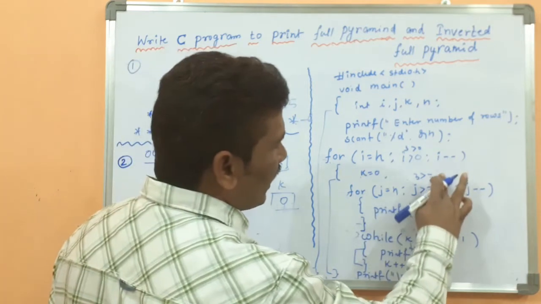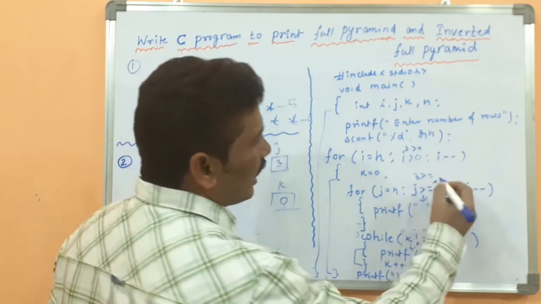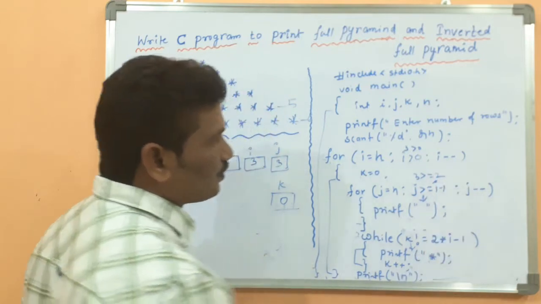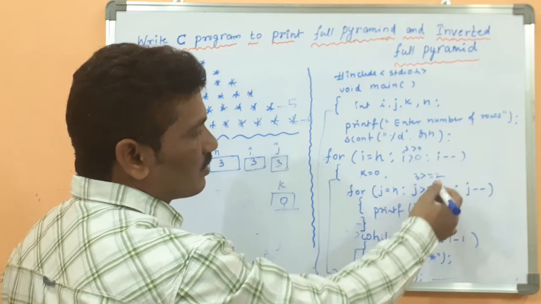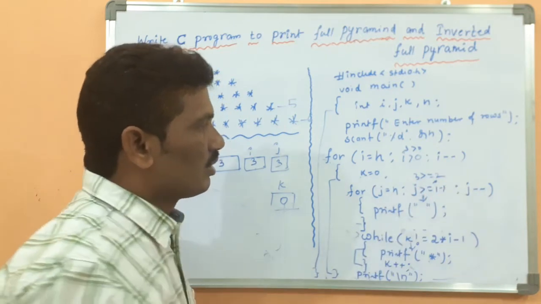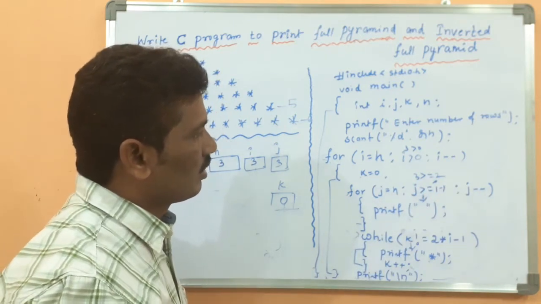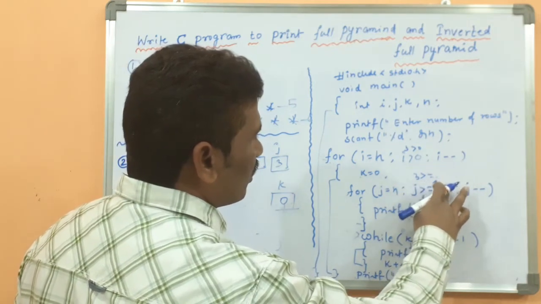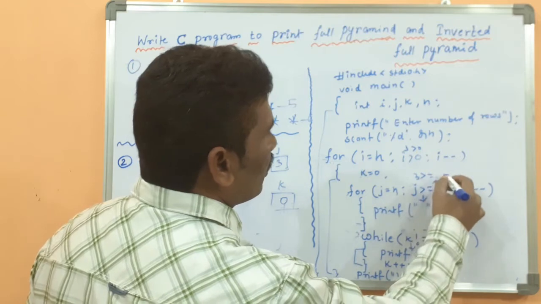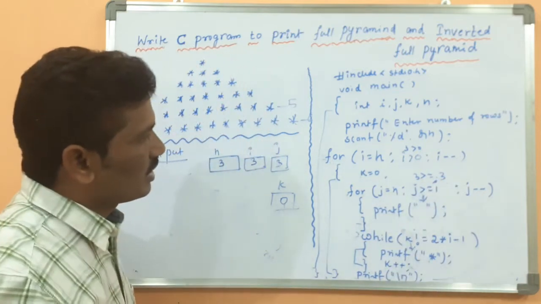I will write I minus 1. I minus 1 means 2. J less than or equal to I minus 1. 3 less than, condition is true.